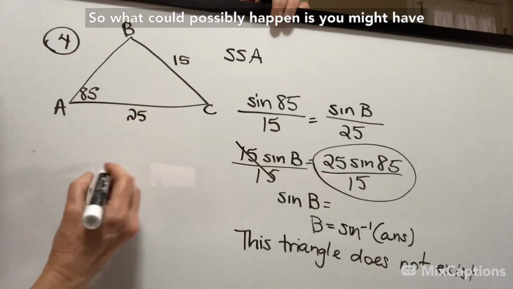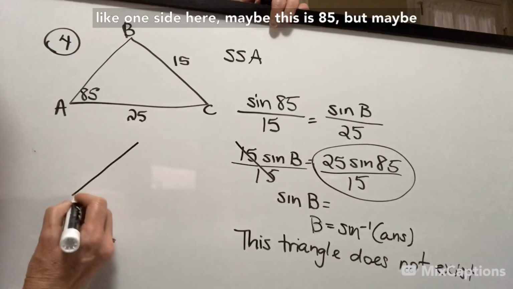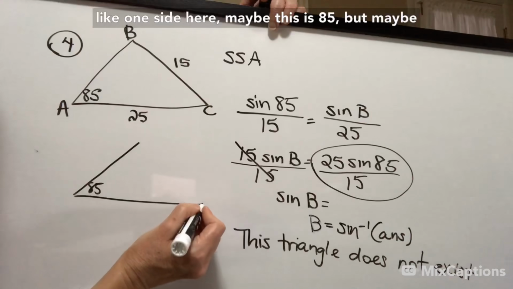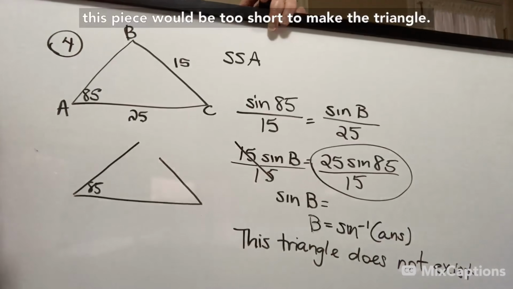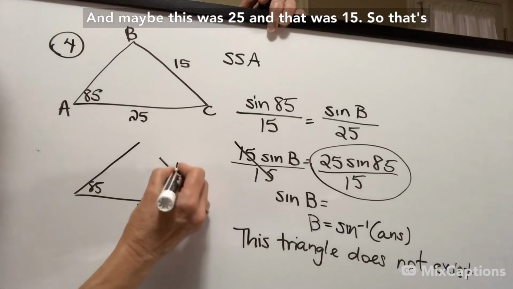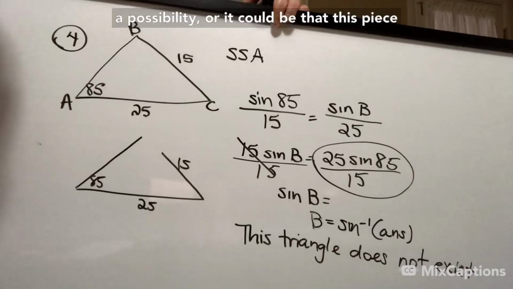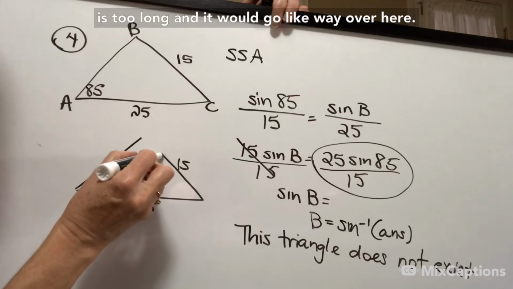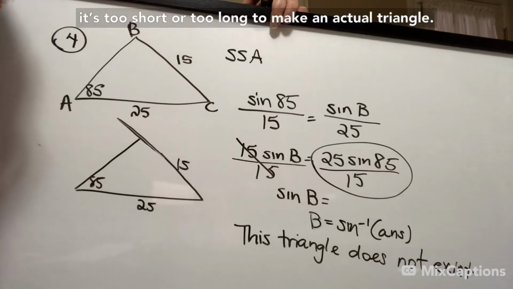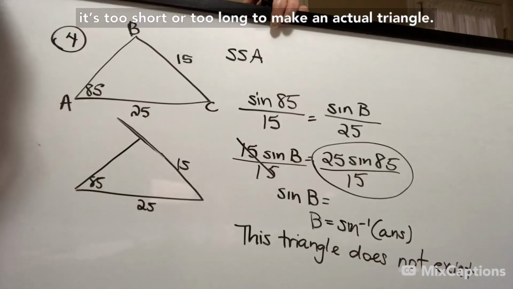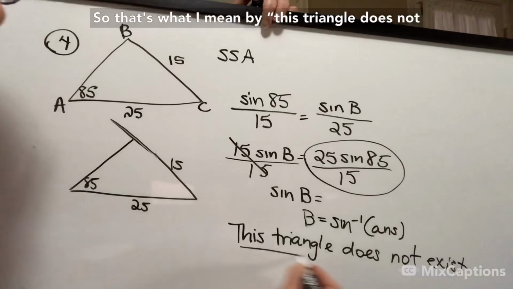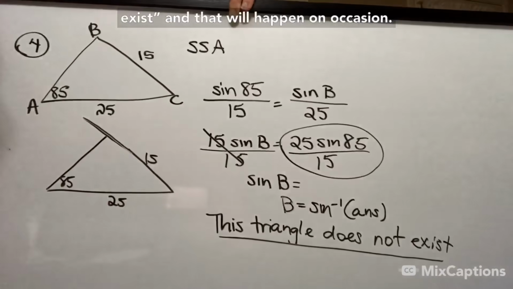So what could possibly happen is you might have like one side here, maybe this is 85, but maybe this piece would be too short to make the triangle. And maybe this was 25 and that was 15. So that's a possibility. Or it could be that this piece is too long and it would go like way over here. So one of those two things is happening. Either it's too short or too long to make an actual triangle. So that's what I mean by this triangle does not exist. And that will happen on occasion.